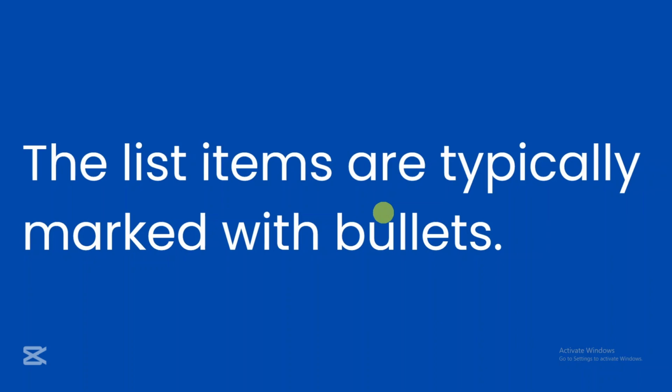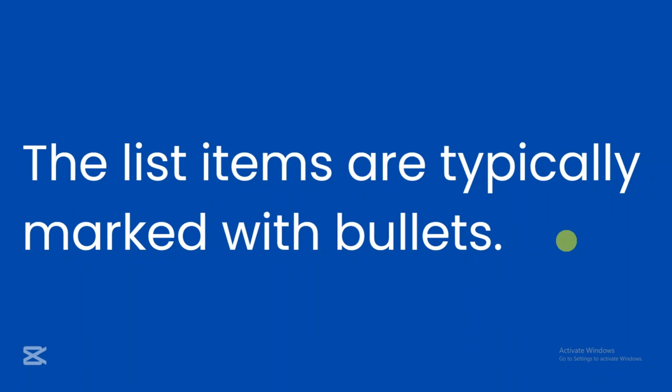Now, one very common way to identify an unordered list is that the items will be marked with bullets. So you see bullet points prior to the name of the item. That indicates that we are dealing with an unordered list, a list in which the order that the items appear does not matter to us.